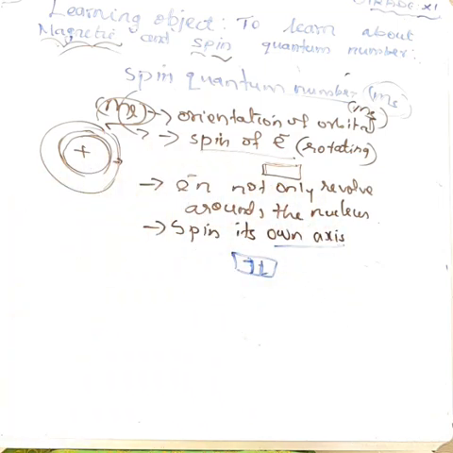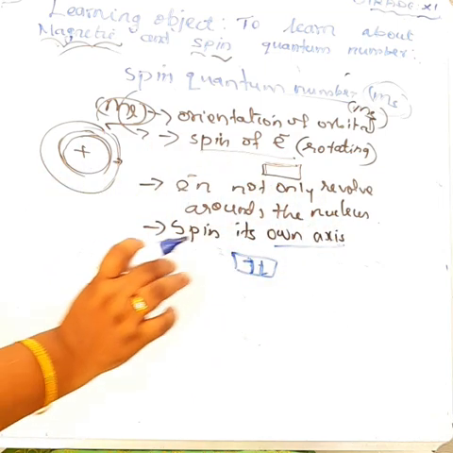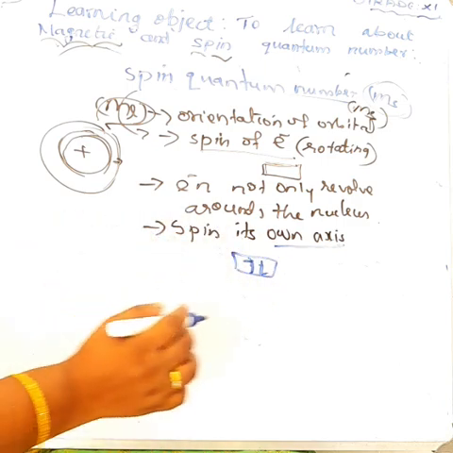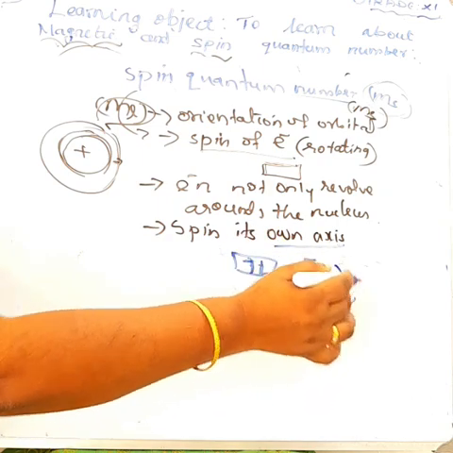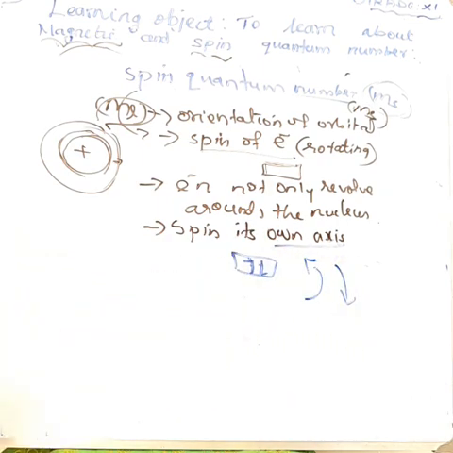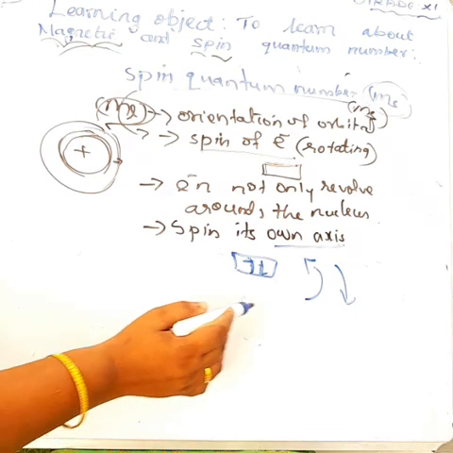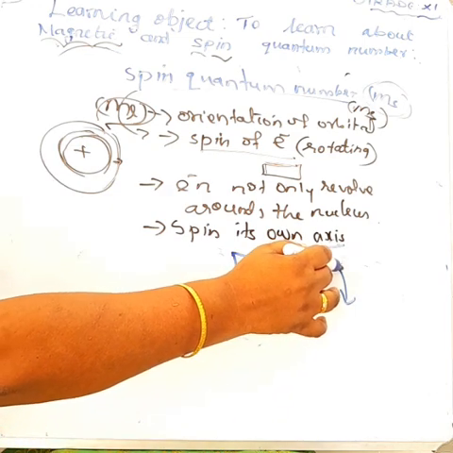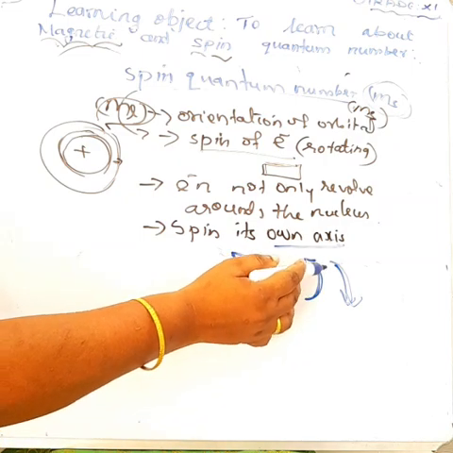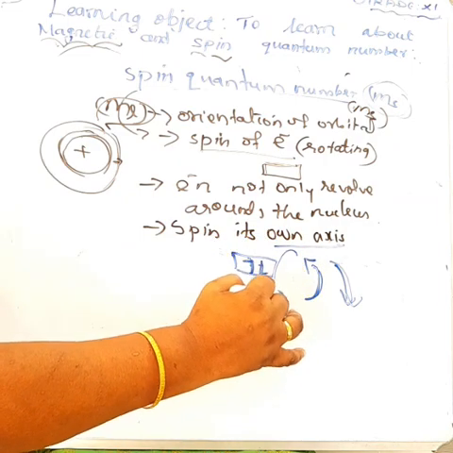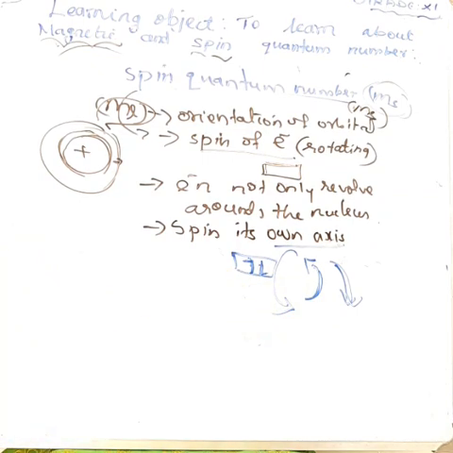Each orbital has two electrons: one is spin up and the other is spin down. So the electrons spin either in a clockwise direction or in an anti-clockwise direction. Okay, understood?